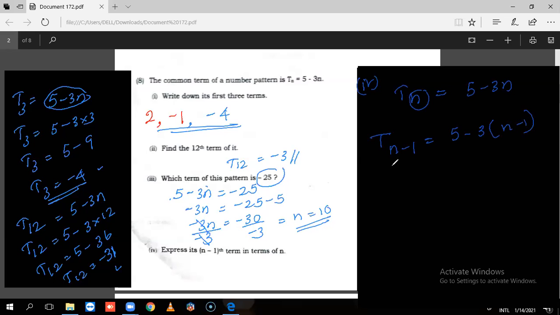Then Tn minus 1 equals 5 minus 3 times n minus 3 times minus 1, which is minus 3n plus 3. Then you can write Tn minus 1 equals 5 and 3, 8 minus 3n. Tn minus 1 equals 8 minus 3n.